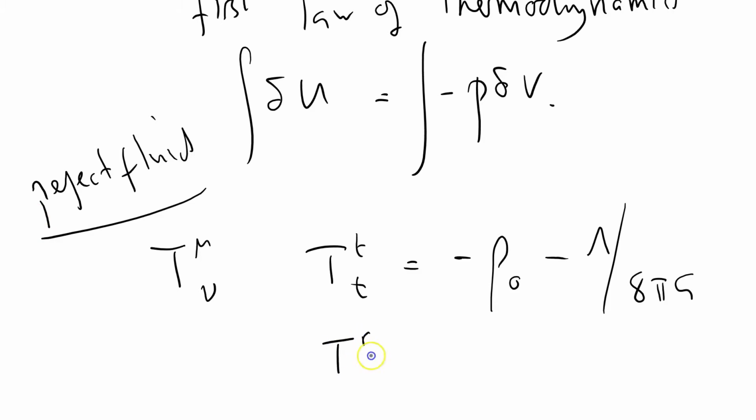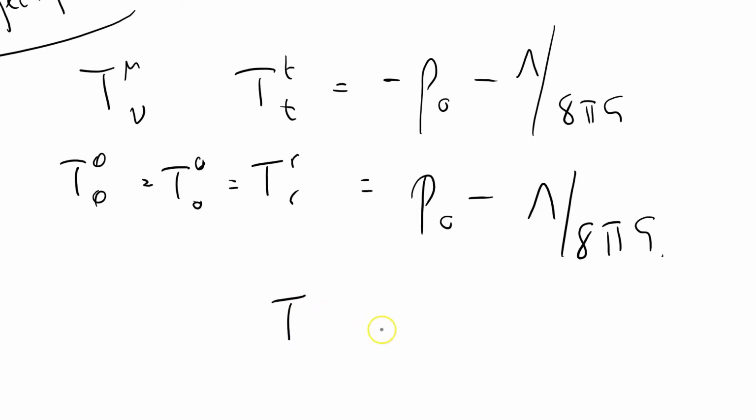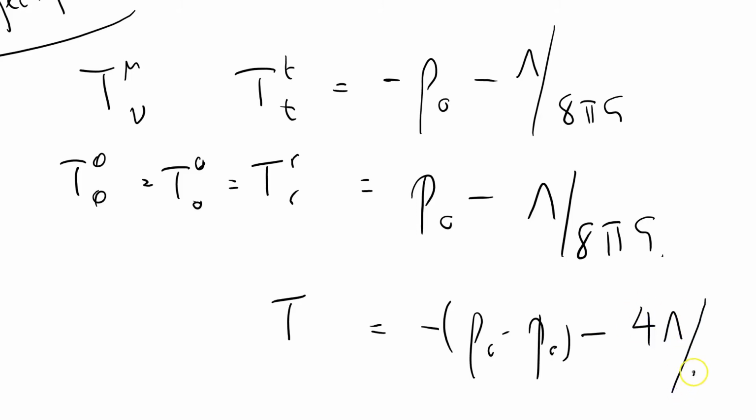And the spatial components, theta and phi, were all the same by construction, being p0 minus the cosmological constant over 8 pi g. We also had the stress energy scalar T, which was minus rho 0 minus 3 p0 minus 4 cosmological constants upon 8 pi g. So we've got these different components here.